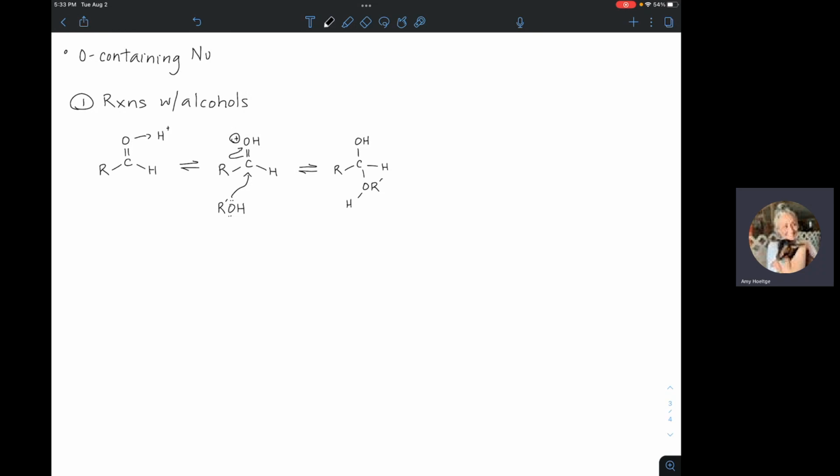This oxygen still has its hydrogen because we used acid, right? So we had the hydronium ion in there. We have some water floating around.